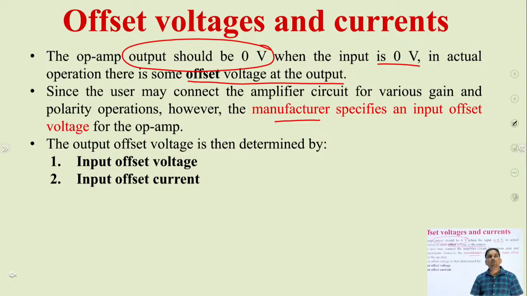The output offset voltage can be determined with the help of the given input offset voltage provided by the manufacturer. This output offset voltage can also be calculated with the help of input offset current. So we will be seeing which factors this output offset voltage depends on.